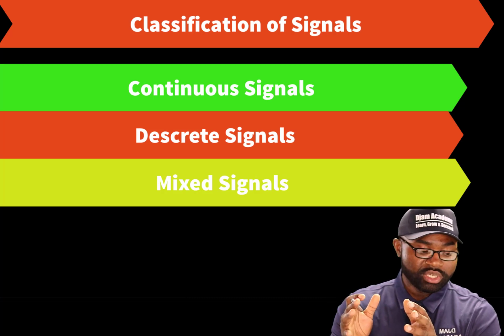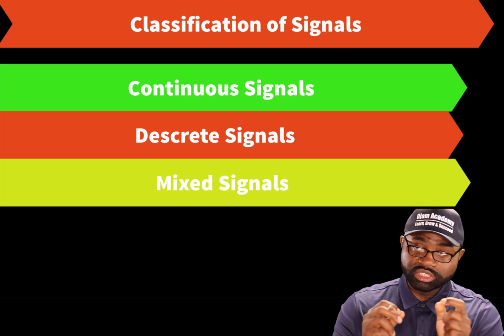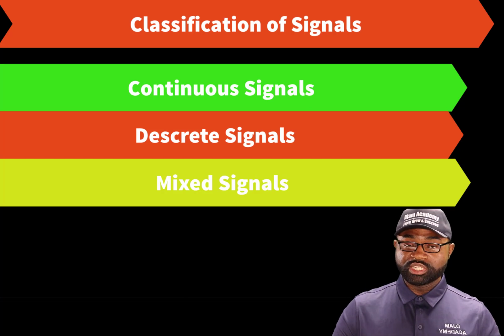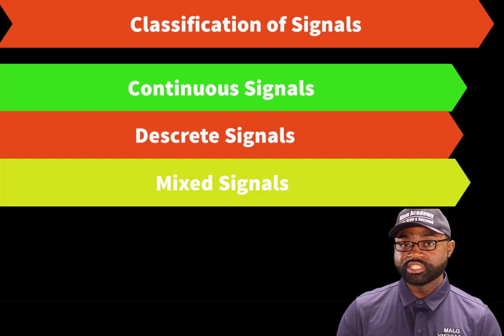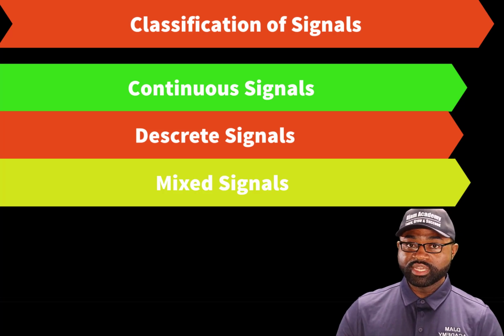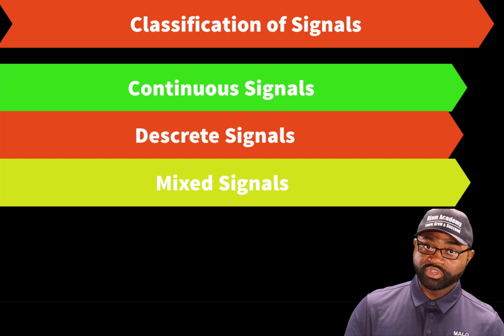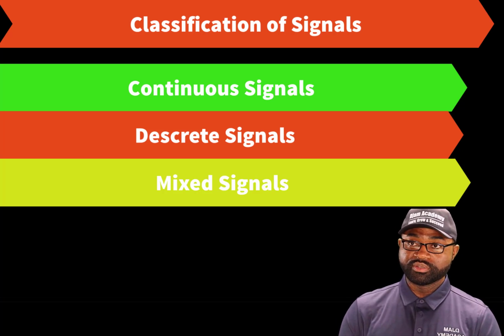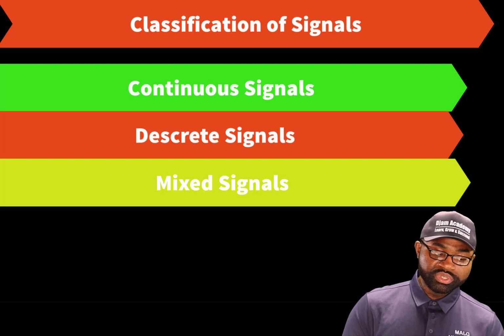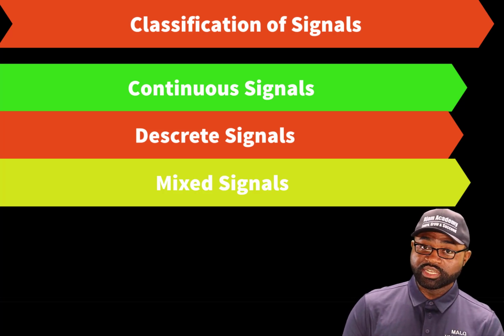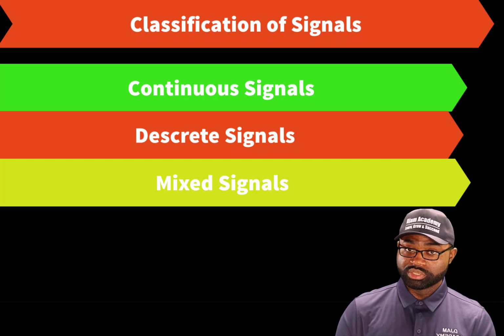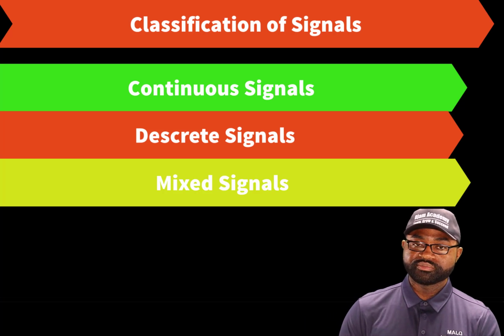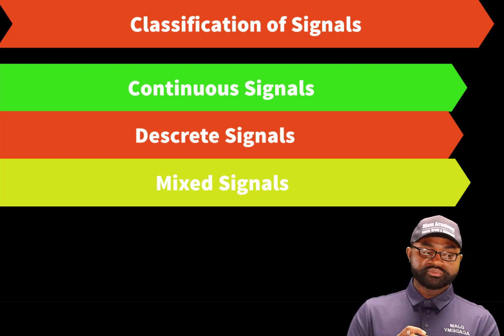So the question is, what is a continuous signal? In general, a signal is represented by a function of one or two independent variables that contains information about the behavior or nature of a particular physical phenomenon. A continuous signal is represented by a continuous function whose independent variable is continuous. Let me explain further.